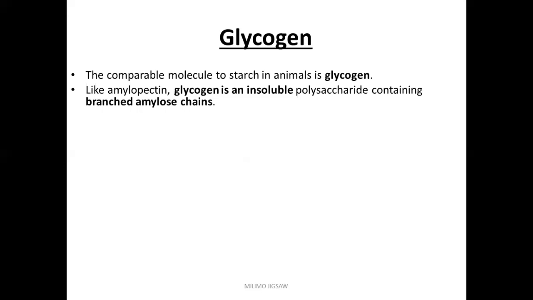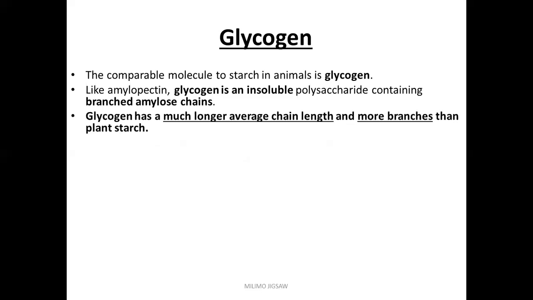Just like in amylopectin, glycogen is also a branched molecule. However, glycogen has much longer chain length and more branches than the starch. So the chain for glycogen is much longer and the branches are more, so they come frequently.